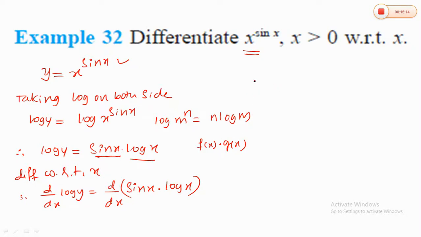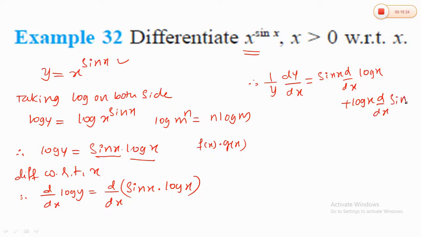Therefore, the derivative of log y is 1 upon y and the derivative of y is dy by dx. This equals sin x d by dx of log x plus log x d by dx of sin x.